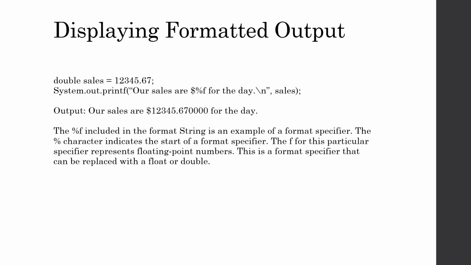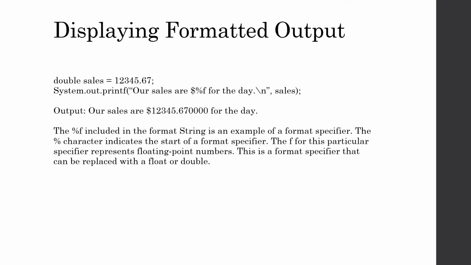In the first part we're saying our sales are, and then we have our $, and then we see the %f, so that's going to be one of our format specifiers, and then we have the rest of the sentence for the day, or period, and then at the very end of it we include a new line character, since printf is just like print in that we don't have a new line character at the end of it, so we need to put that in ourselves.